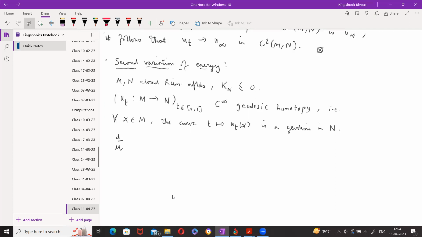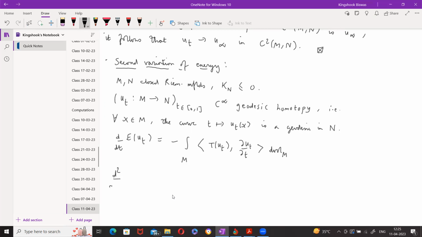So we know that d/dt of energy of u_t is equal to minus the integral over M of the inner product of the tension field of u_t with the time derivative, the variational vector field, that is del u_t del t, right? Yes, we know this.